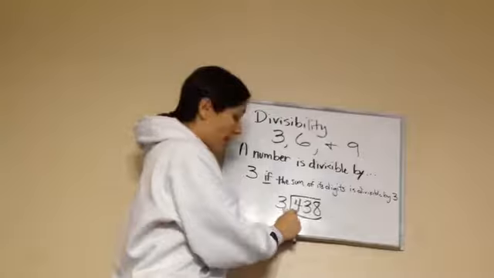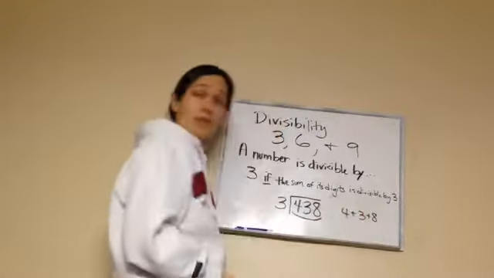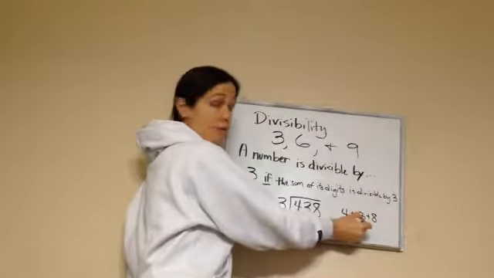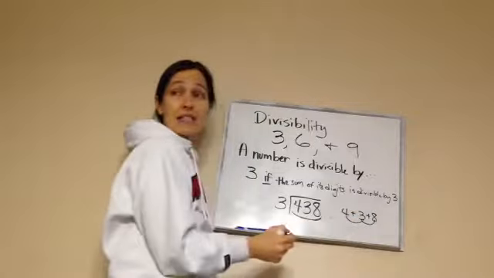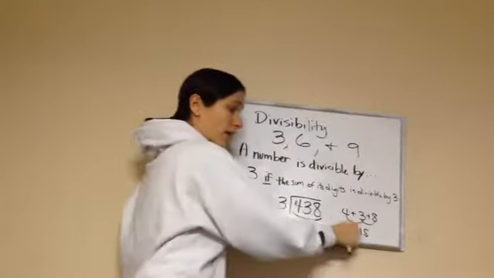I'm going to add up 4 plus 3 plus 8. And what does that give me? 4 plus 3 is 7. And 7 plus 8? 15. So, will 3 go into 15?